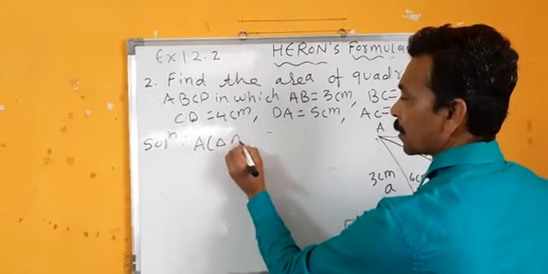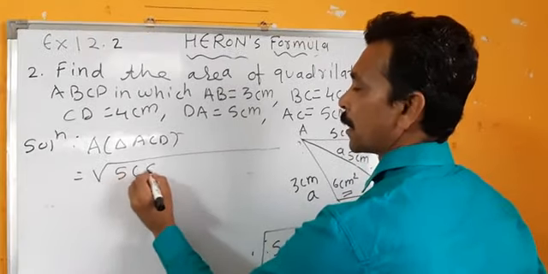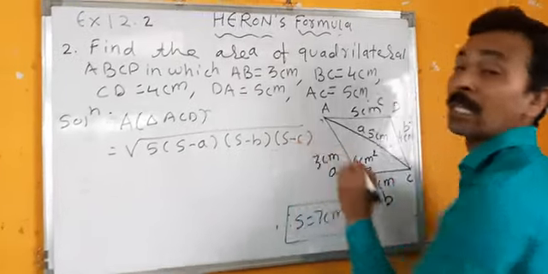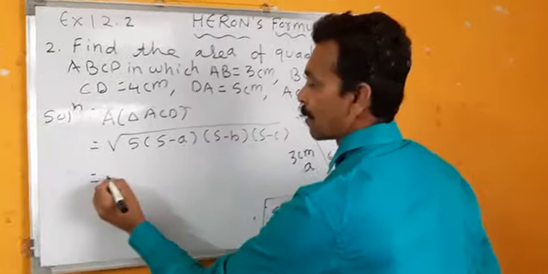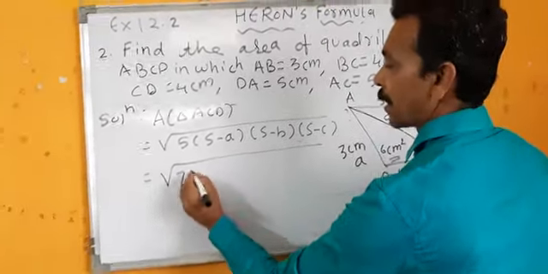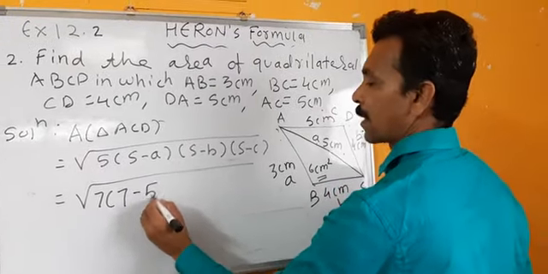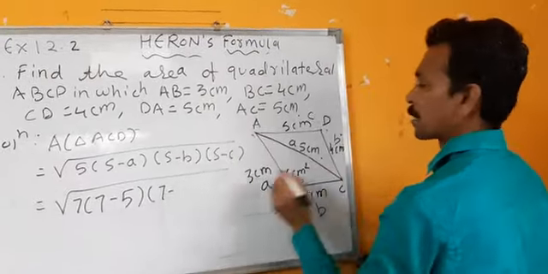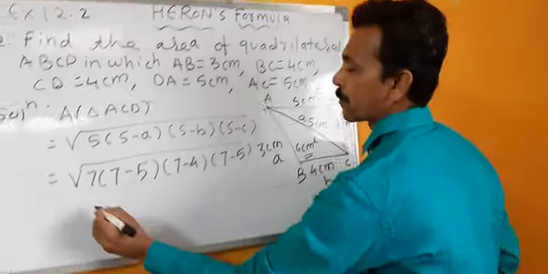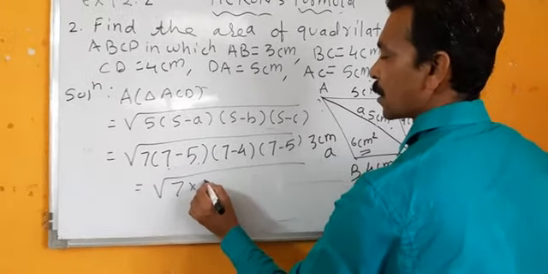I'll write the formula. Area of triangle ACD is under root S into S minus a into S minus b into S minus c. Now I will place the values. S is 7 centimeter. 7 into 7 minus 5 into 7 minus 4 into 7 minus 5 is equal to under root 7 into, what is 7 minus 5? 2.